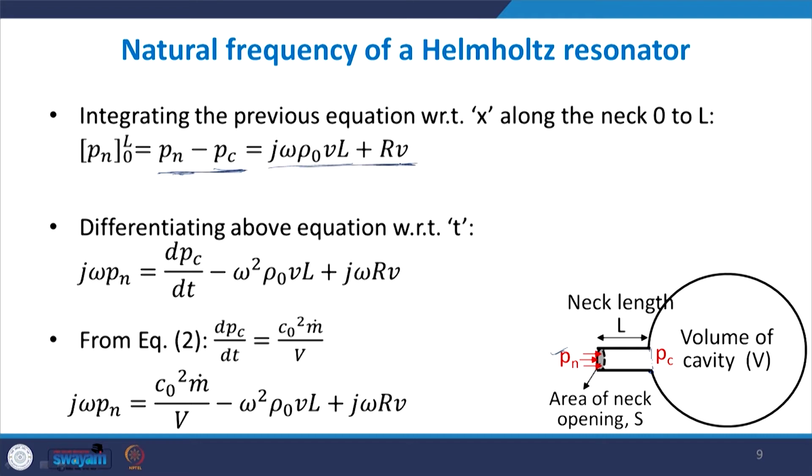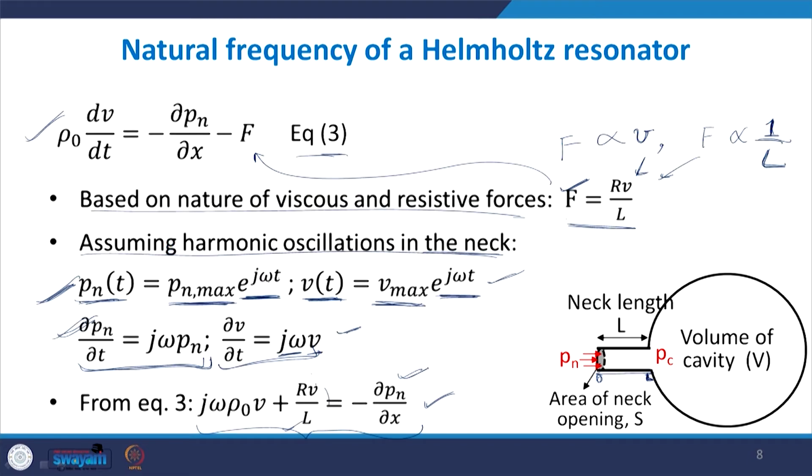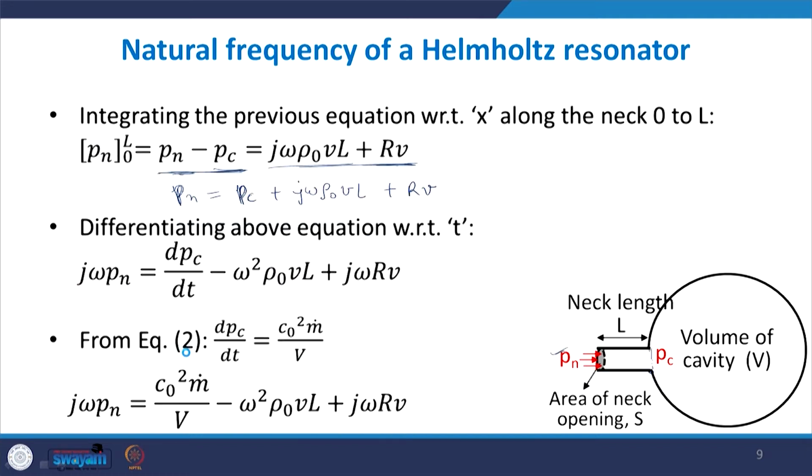Now, we have obtained this expression. So, Pn becomes Pc plus j omega rho naught Vl plus R times V. Now, again differentiating this equation with respect to time, we had assumed a harmonic solution here, so del Pn by del t will be j omega Pn.